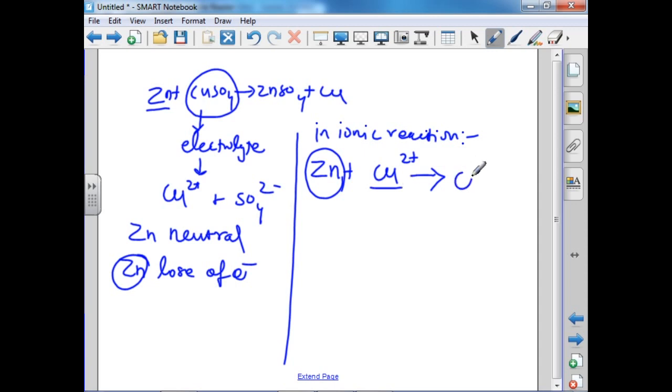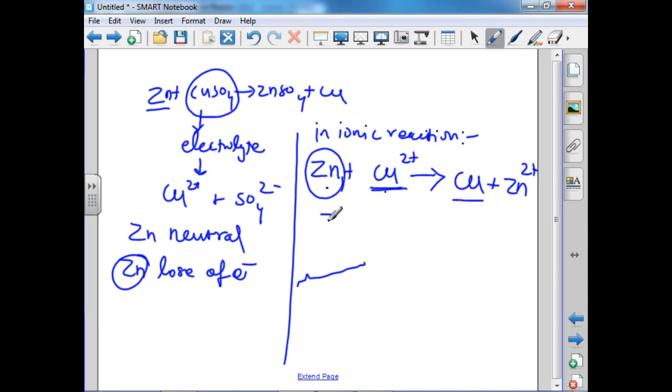The copper ion becomes a copper atom, and the zinc atom becomes a zinc ion. So zinc loses electrons, that is, 2 electrons are lost from the zinc atom. So the 2 electrons are gained by the copper ion, and it becomes a copper atom. Then losing 2 electrons, zinc becomes Zn2+.